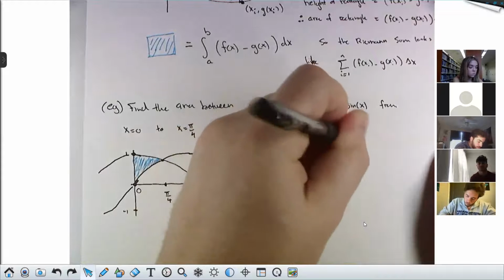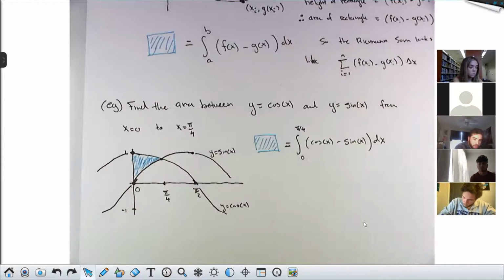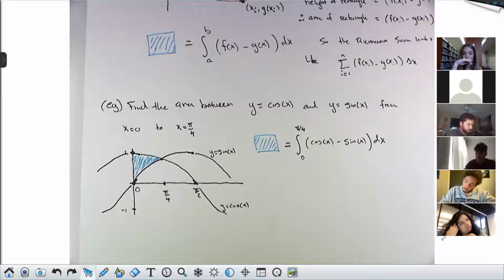My lower function there is sine. And now to evaluate this integral, we just need to find an antiderivative and plug in bounds.